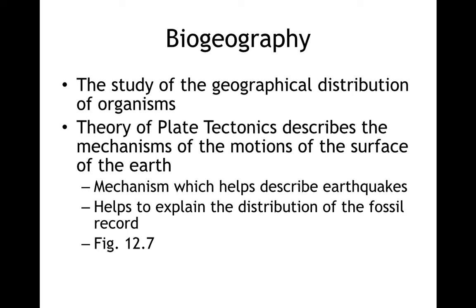So biogeography, this is the study of the geographical distribution of organisms. And what this is based upon is the idea that organisms spread out through time. And depending upon the type of the organism, some organisms spread out more readily than others do. Some are what we call colonizers.